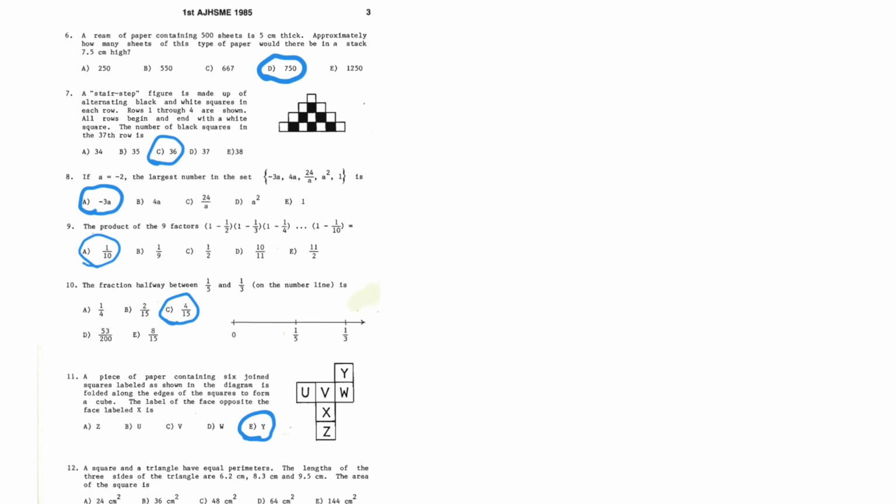The perimeter of the triangle is the 3 sides added up. So 6.2 plus 8.3 plus 9.5 equals 24.